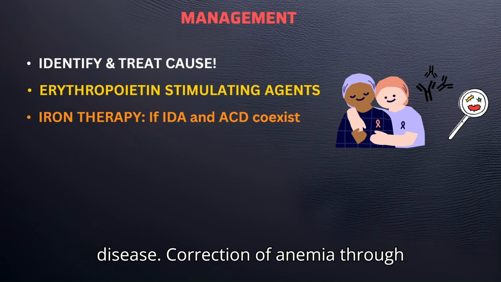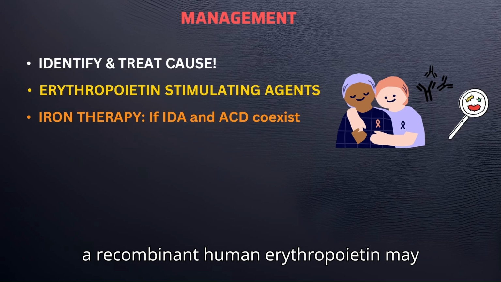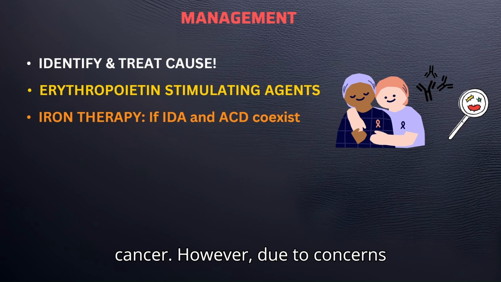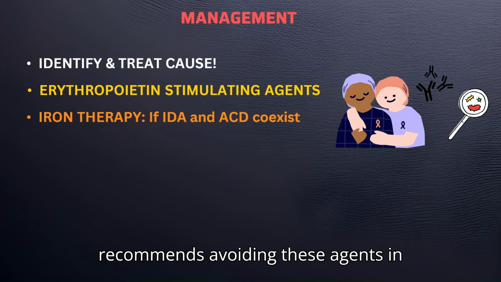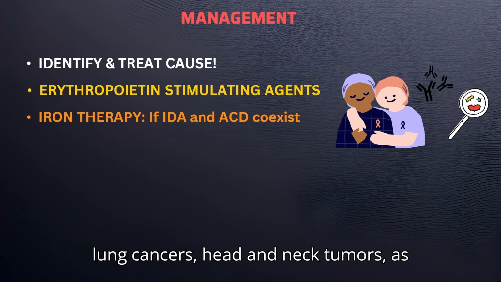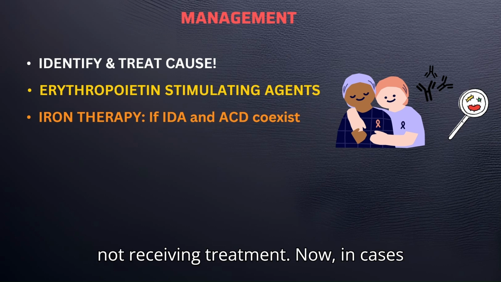Correction of anemia through erythropoietin stimulating agents such as recombinant human erythropoietin may be effective, especially in patients with cancer. However, due to concerns about tumor recurrence, the FDA recommends avoiding these agents in patients with certain types of cancers, including breast cancer, non small cell lung cancers, head and neck tumors, as well as certain malignant tumors that are not receiving treatment.